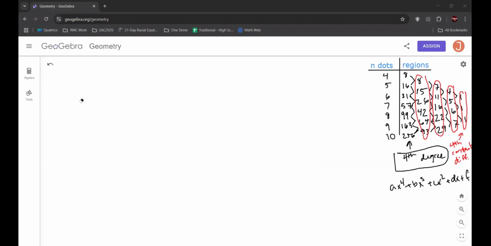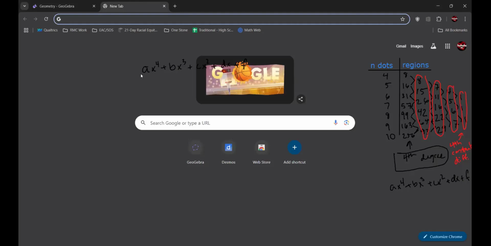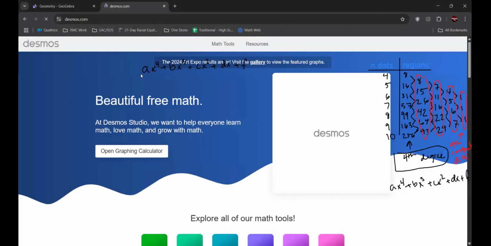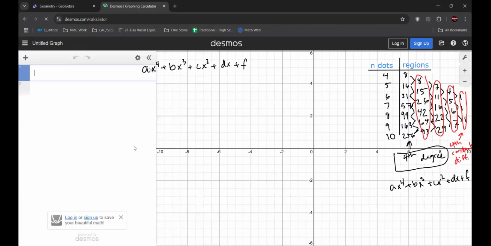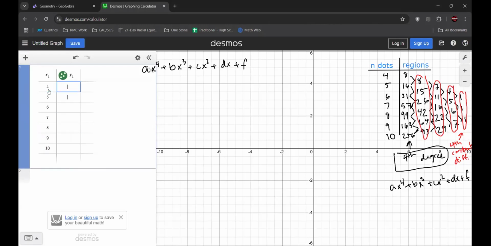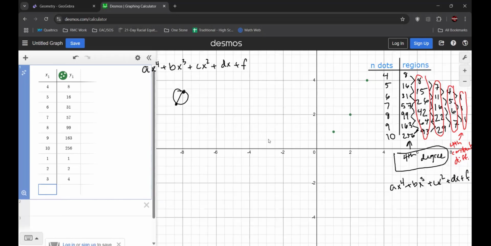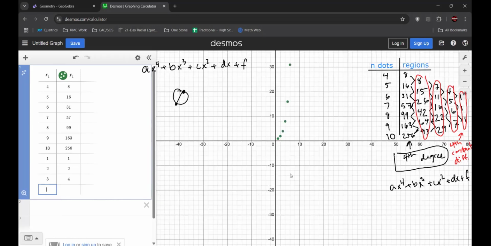How I'm going to get my fourth degree polynomial is I know that a fourth degree polynomial looks like this. Let's see what happens if I use Desmos to fit this information. So I'm going to give Desmos our data here. Let's go ahead and zoom out so we can see our data.